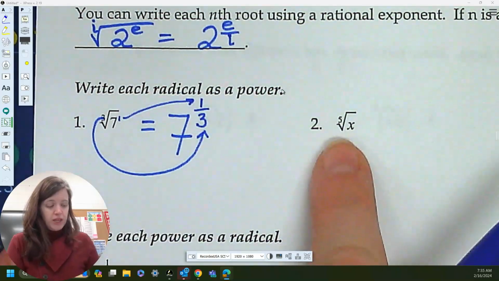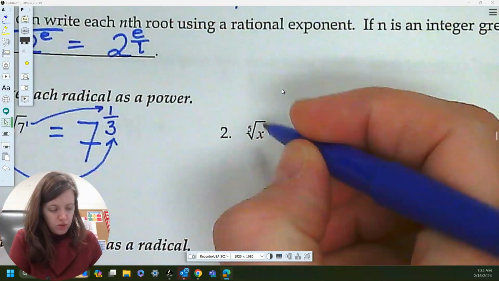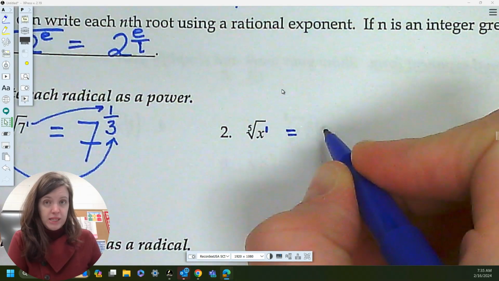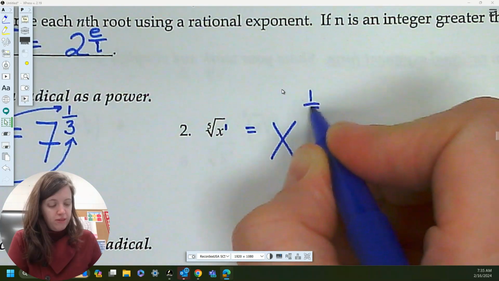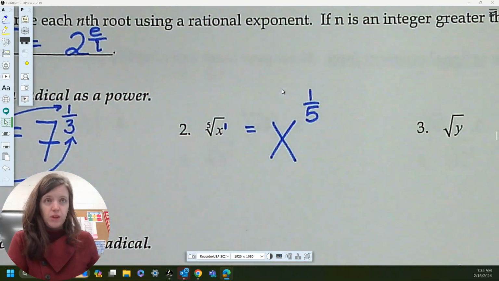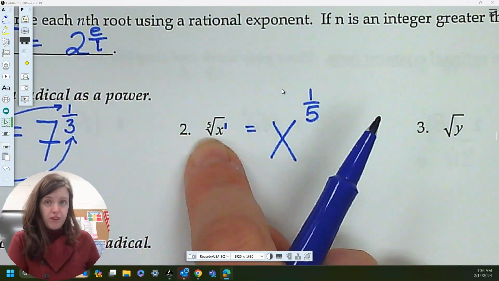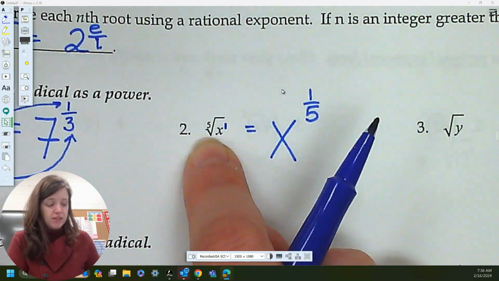Let's look at the next one, the 5th root of x. It's going to be the same thing. There's a little 1 on that guy. We're not seeing it, but it is actually there, like x to the 1/5 power. So x to the 1/5 power is the same as the 5th root of x. What number multiplied 5 times gives me that x?